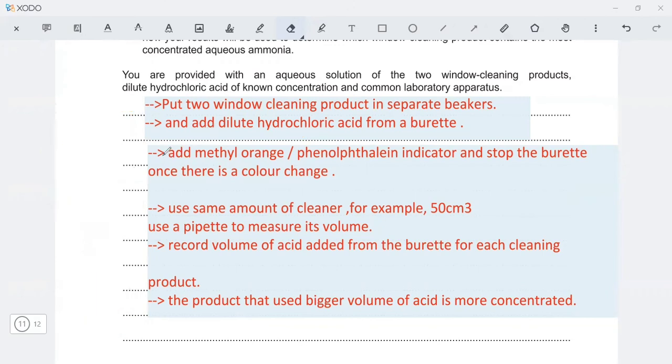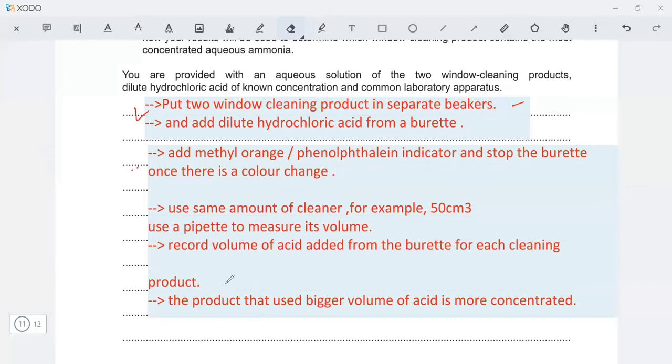Write it stepwise. Put the two window cleaning products in separate beakers, and add dilute hydrochloric acid from the burette. The third step, add methyl orange or phenolphthalein indicator and stop the burette once there is a colour change. When there is a colour change, obviously you have to stop.